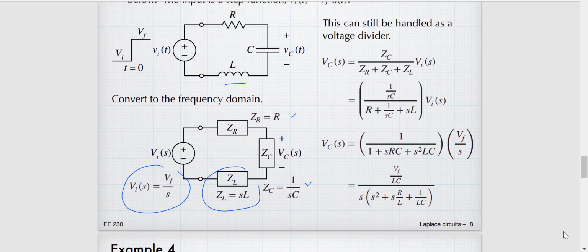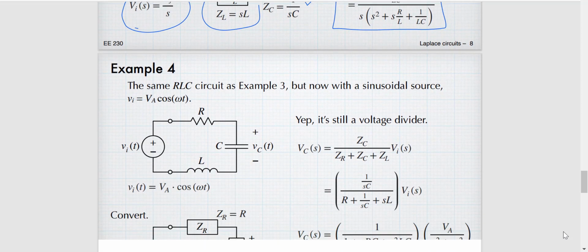And then using the voltage divider, how to find Vc. Vc becomes Zc per Zr plus Zc plus Zl dot Vi(s). So we use the S domain for the Zc, Zr, and Zl here. So we got this equation and we convert Vi to the Vf per s. So we got this equation to represent the capacitor voltage.